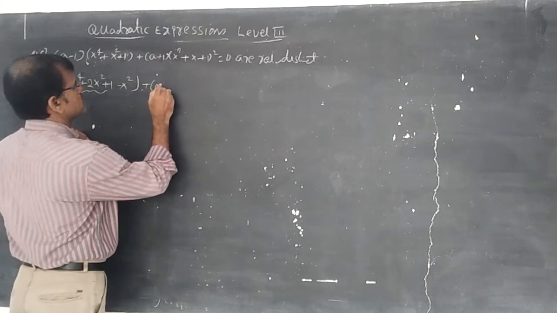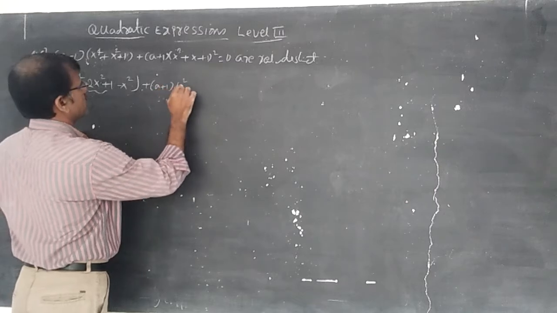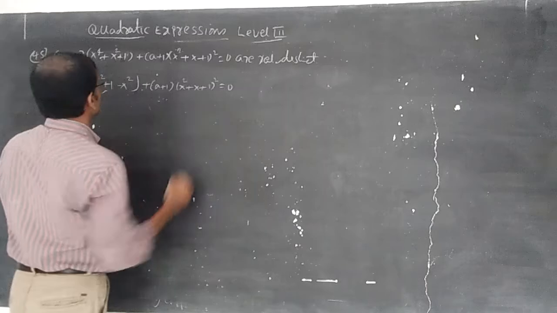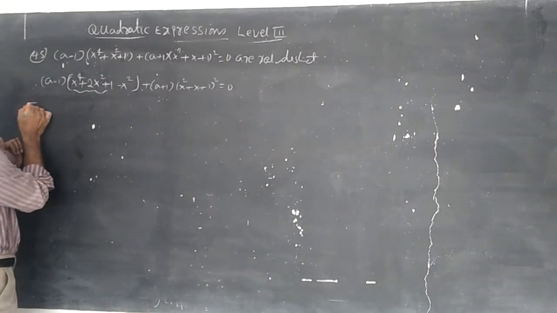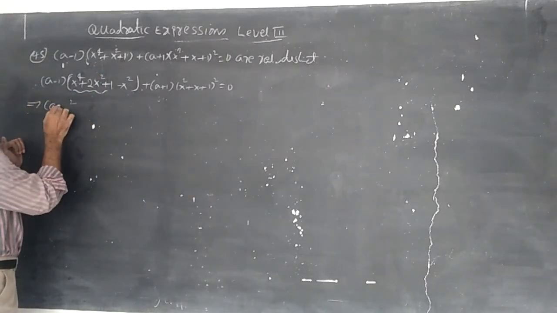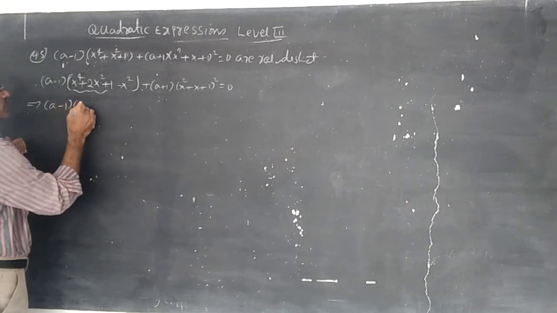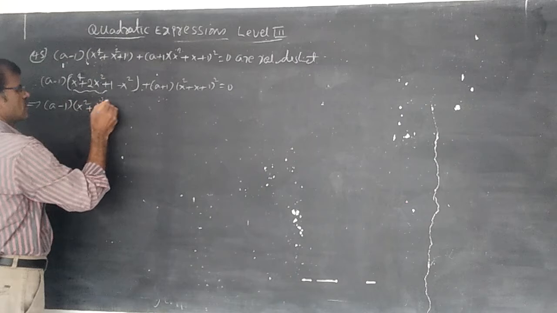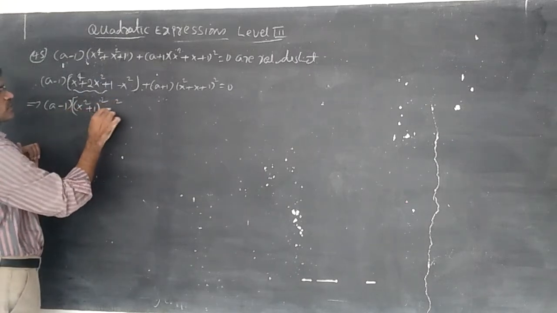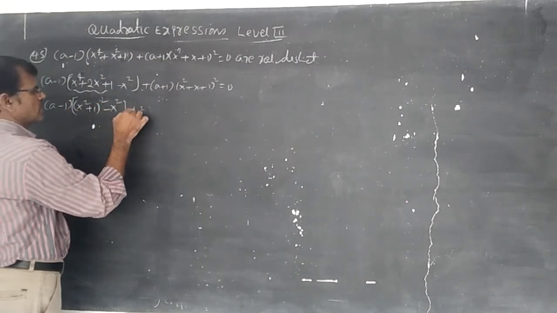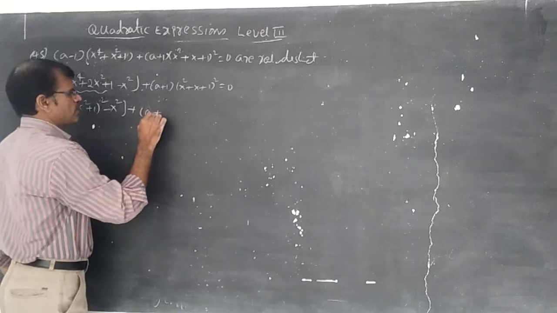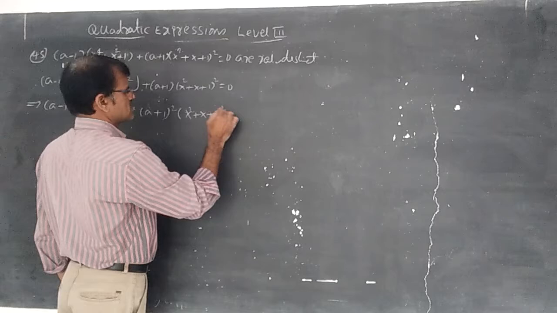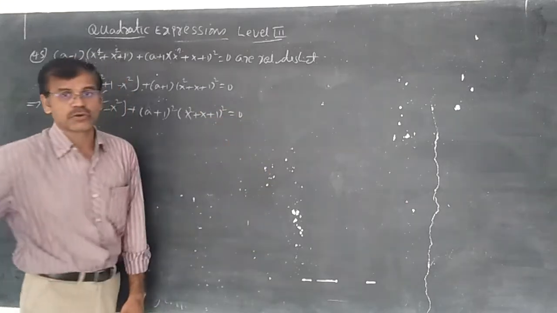Plus a plus 1 into x square plus x plus 1 whole square is equal to 0. Now we can write this as a minus 1 into x square plus 1 whole square minus x square, plus a plus 1 into x square plus x plus 1 whole square equal to 0.